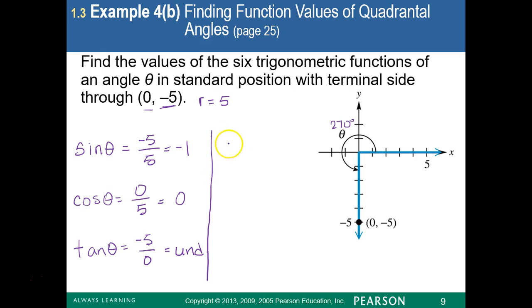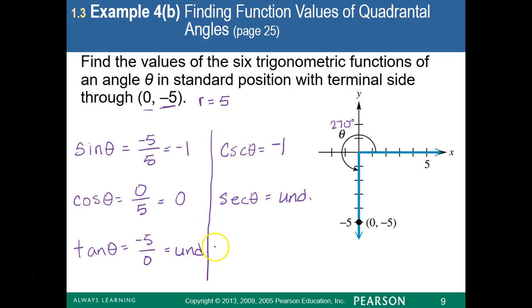Now, let's do the other three. Cosecant of theta is equal to, take the inverse of this, 5 over negative 5, which is still negative 1. Secant, take the inverse of cosine, you get 5 over 0, that's undefined.